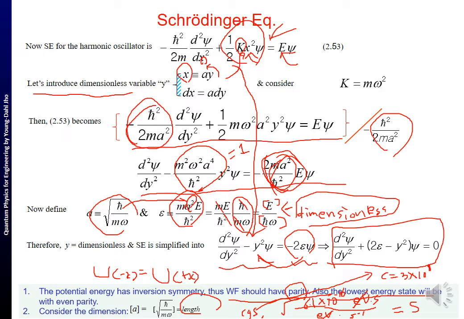Velocity of light, 3 by 10 to the 8 meter per second, is said to be 1. This is the CGS unit, and it is actually useful in the case of materials and devices.